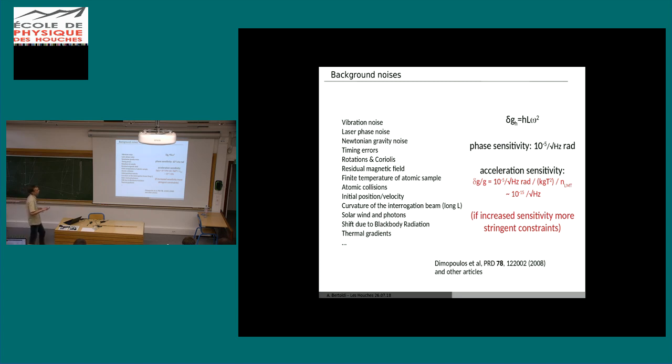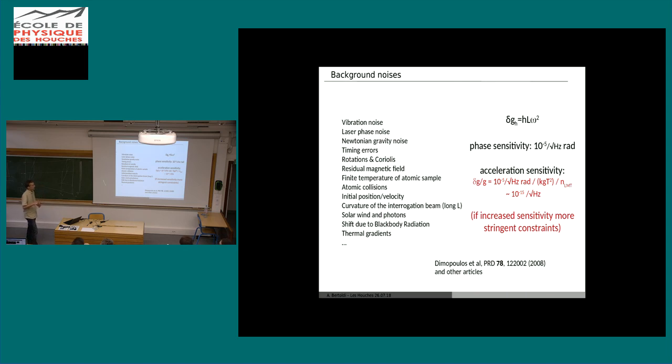So here I just put a long list of background noise sources that have been extensively considered in one of the initial papers of the group of Stanford. Again, there are several other articles that consider more explicitly single or a few of them. And so again, I consider a phase sensitivity of 10 to minus 5 radian over square root of Hertz, which gives an acceleration sensitivity, delta g over g, of 10 to minus 15 over square root of Hertz.